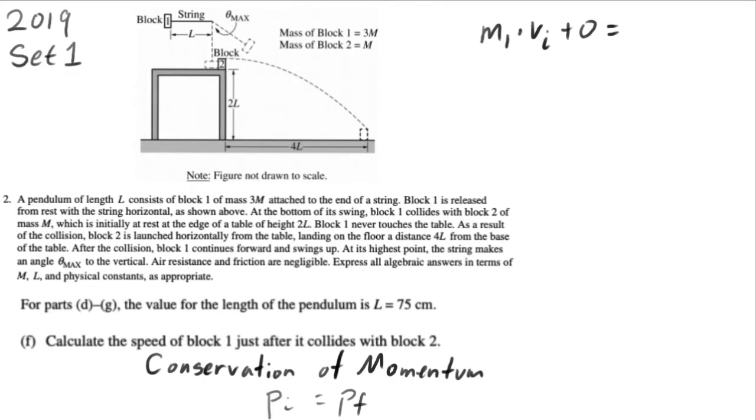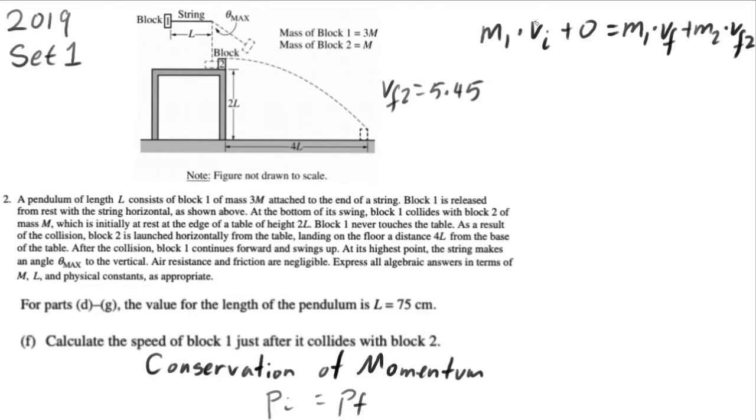At the final momentum, both block 1 and block 2 are moving, but at different speeds. Block 1 is moving at its own speed and block 2 is moving at another speed, which we actually found in part E. So we know that the final velocity of block 2 equals 5.45 meters per second.